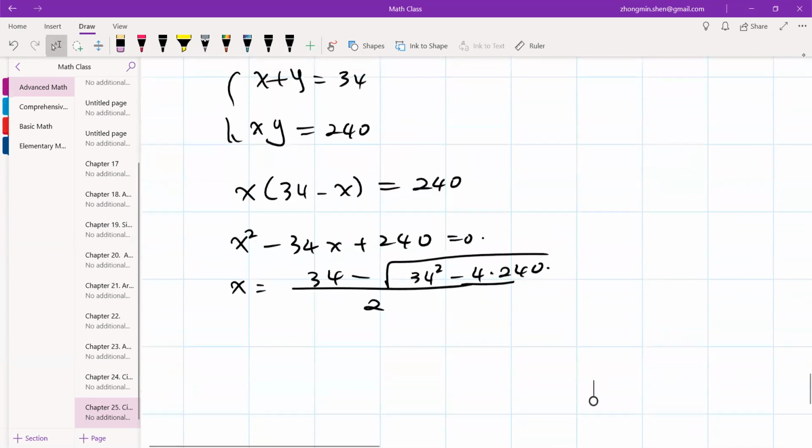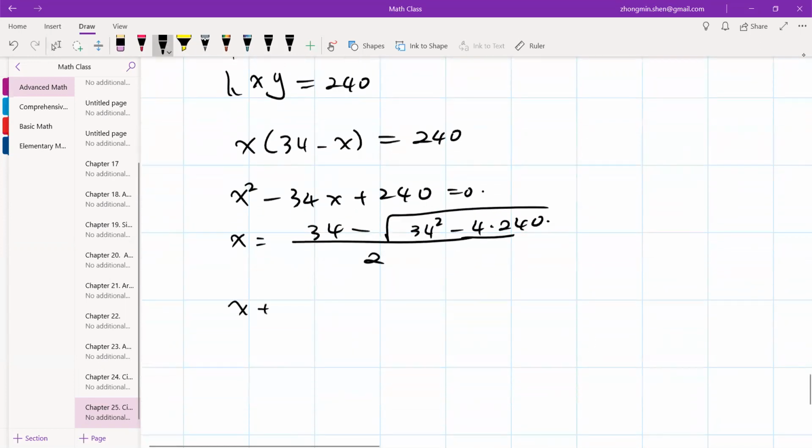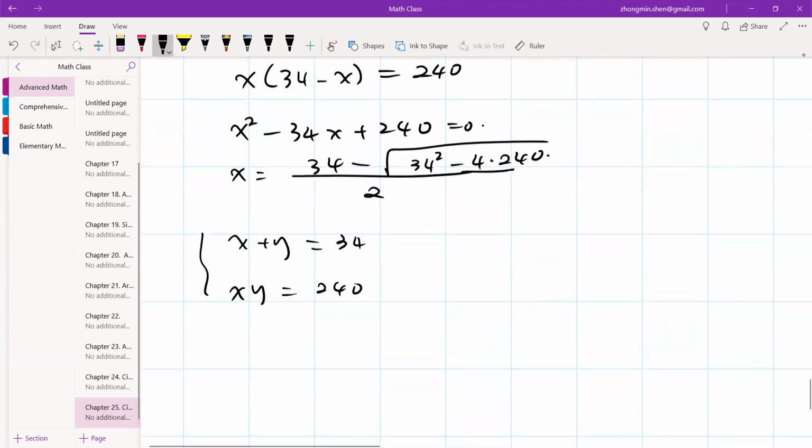The best way I want to show you is x plus y equals 34, and x times y equals 240. So what I'm going to do is try to get x minus y squared, which is going to be x squared plus y squared minus 2xy.